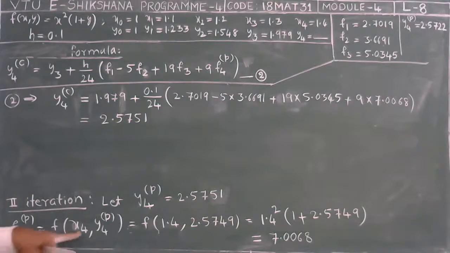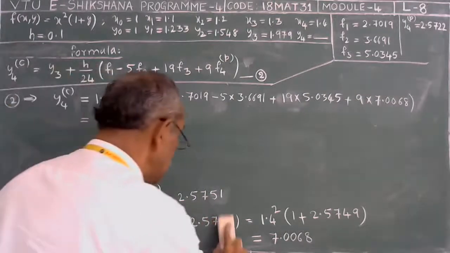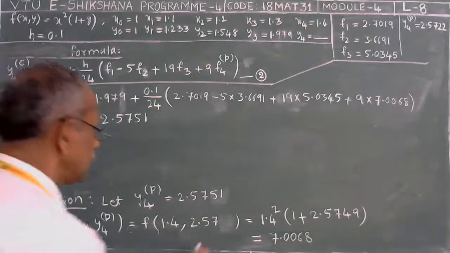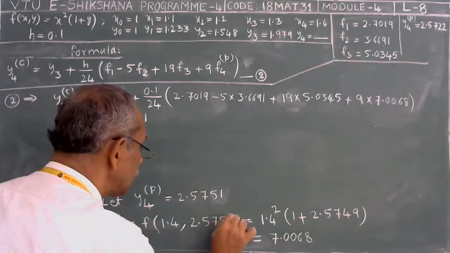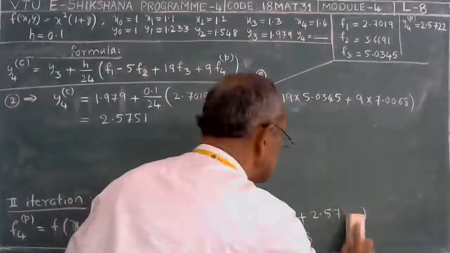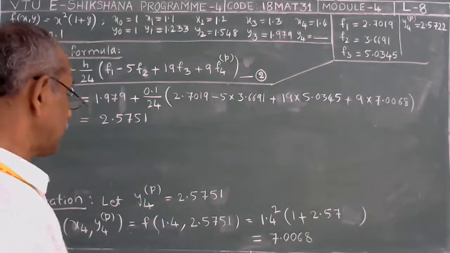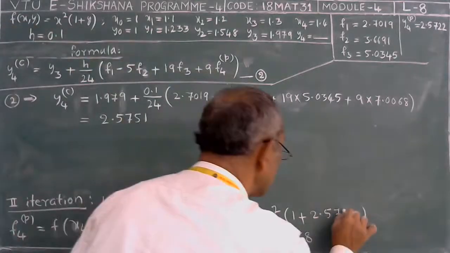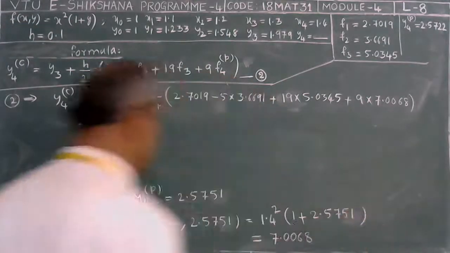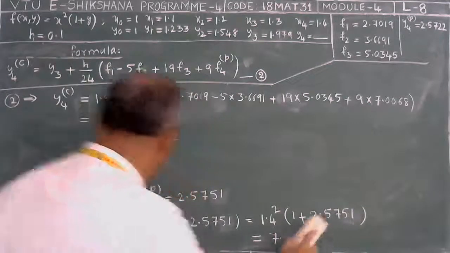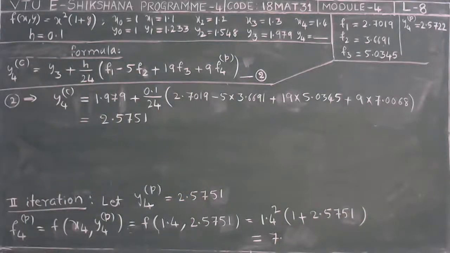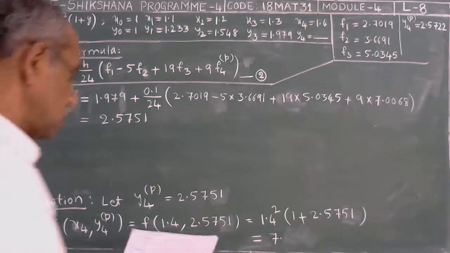f4p is f of x4 comma y4p. So by definition, 1.4 whole squared into 1 plus 2.5751, and if you compute carefully, your f4p in the second iteration case will be 7.0071.